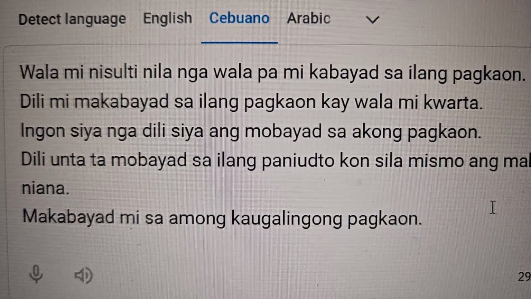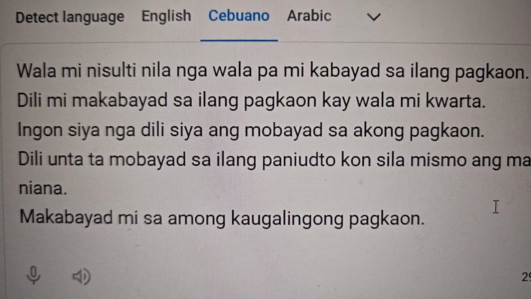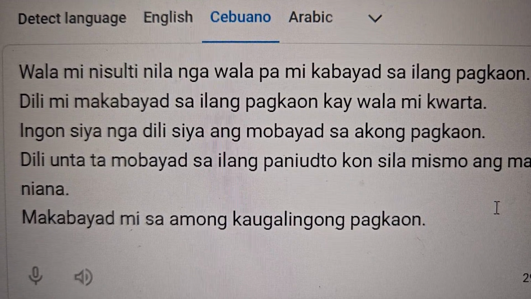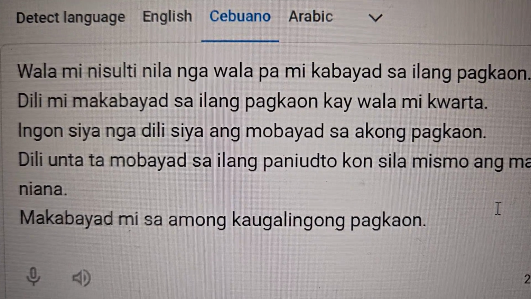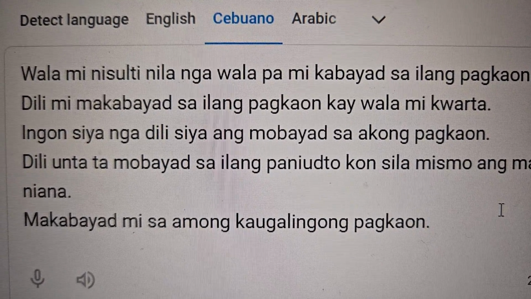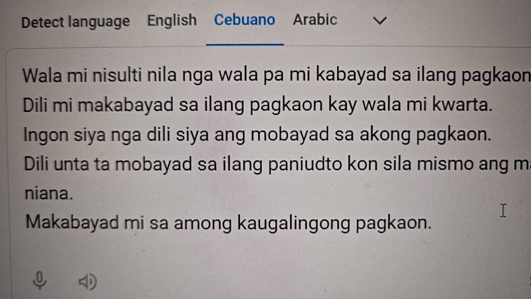So we did not, or we didn't. Wala mi nisulti. Sulti is the root of to tell. Nisulti, where something was not told. Wala mi nisulti. We did not tell.